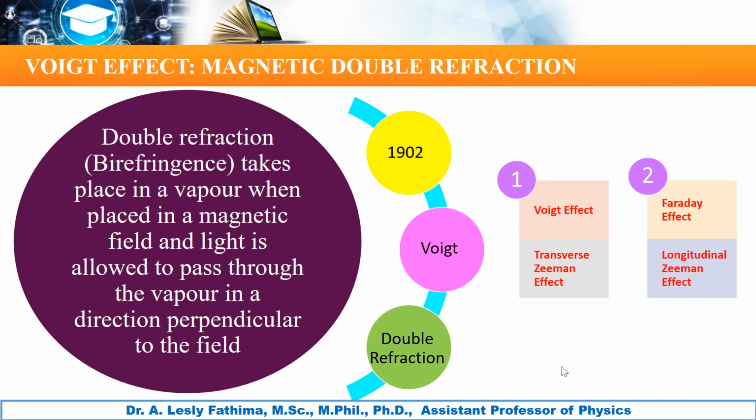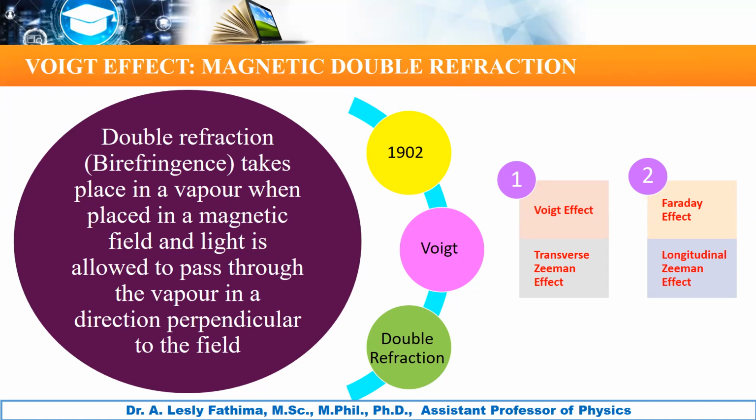Next topic is the Voigt effect, also known as magnetic double refraction. In 1902, Voigt discovered that double refraction, also known as birefringence, takes place in a vapor when placed in a strong magnetic field, and light is allowed to pass through the vapor in a direction perpendicular to the field.